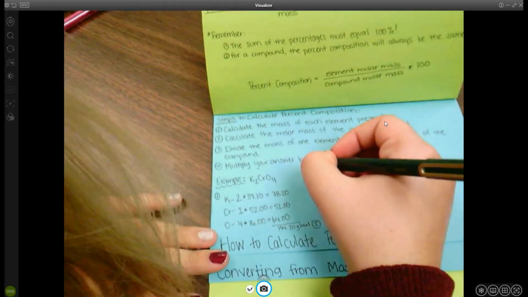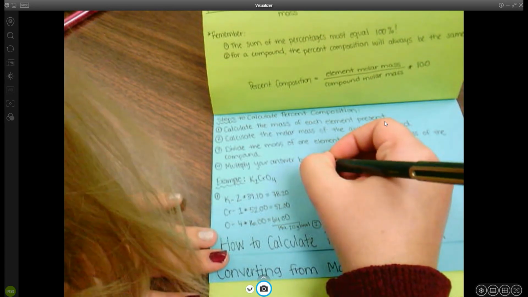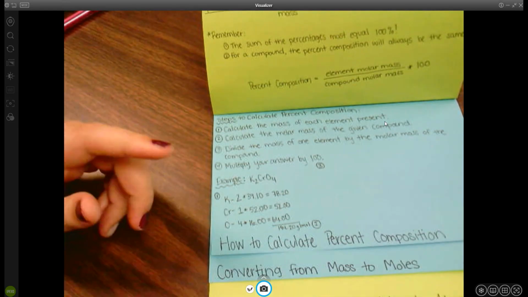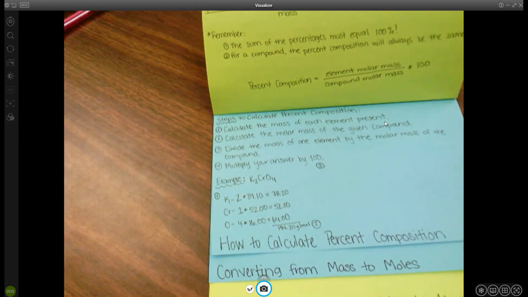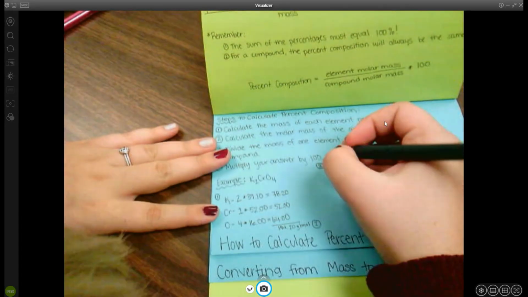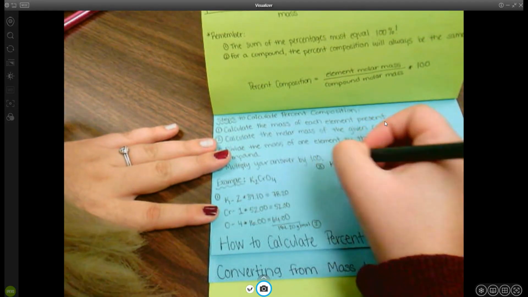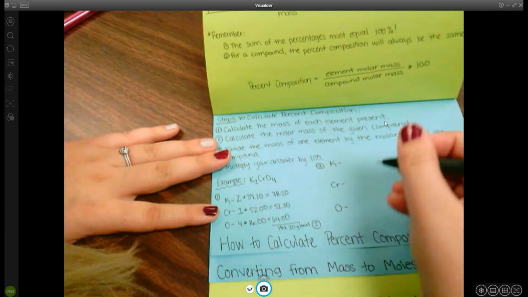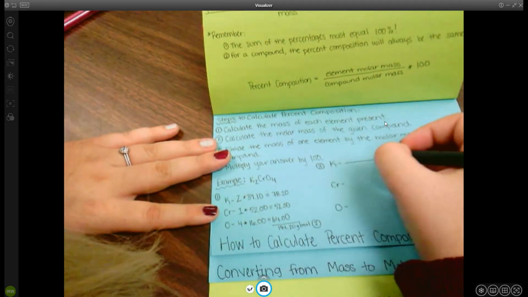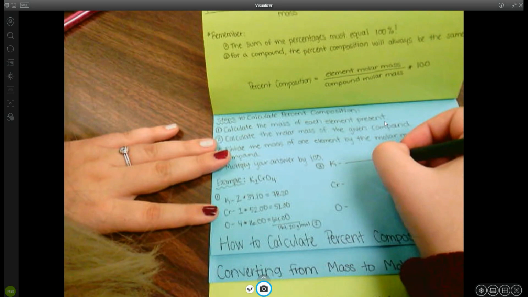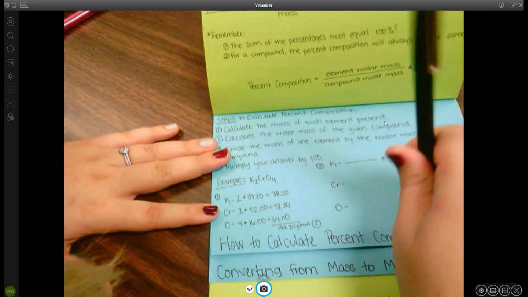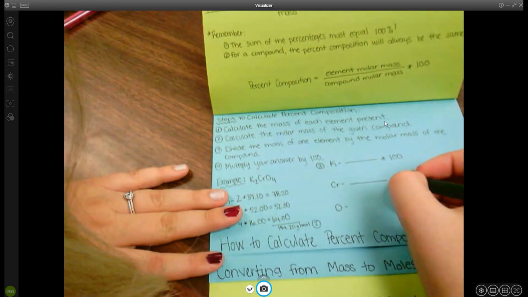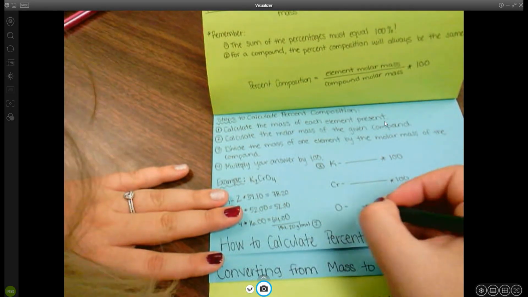Now step 3. Divide the mass of one element by the molar mass of the compound. We're going to do this for every single element. I'm going to set it up the same way: K, Cr, O. So I'm plugging it into this formula.